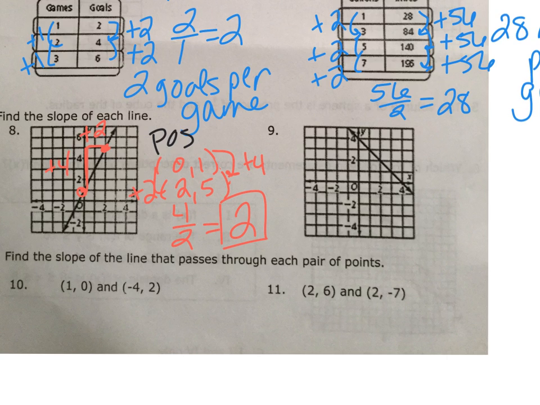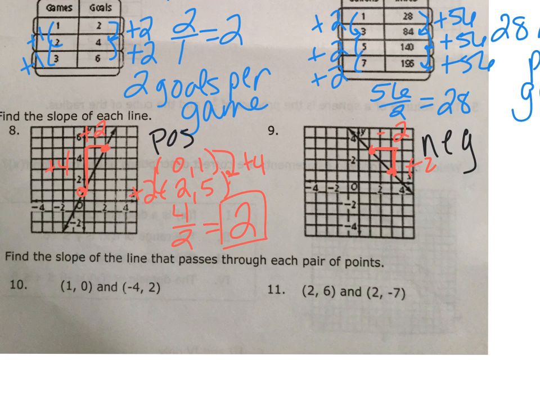Okay, so over here, this next one, I see it's negative. Remember, negative, going down. So I know my slope's going to be negative. If I pick 2 points, maybe here, and I'm going to go like here, only because it's very small. So I'm going up 2, plus 2, and to the left 2, that's negative 2.